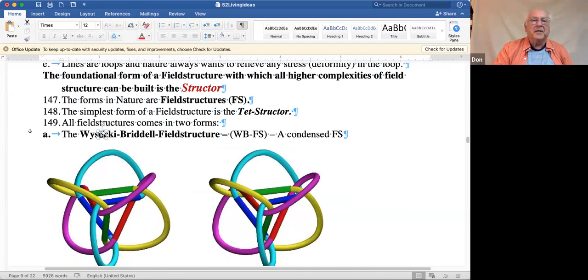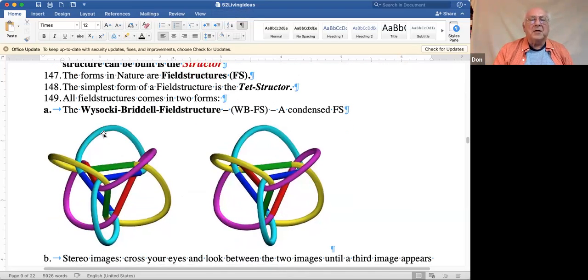Form 1, which you're seeing here, is the Wasaki-Briddell field structure. And it's a condensed field structure. This is a stereo photograph that Joe Clinton made. And if you look between, cross your eyes and look between, that whole form becomes three-dimensional.